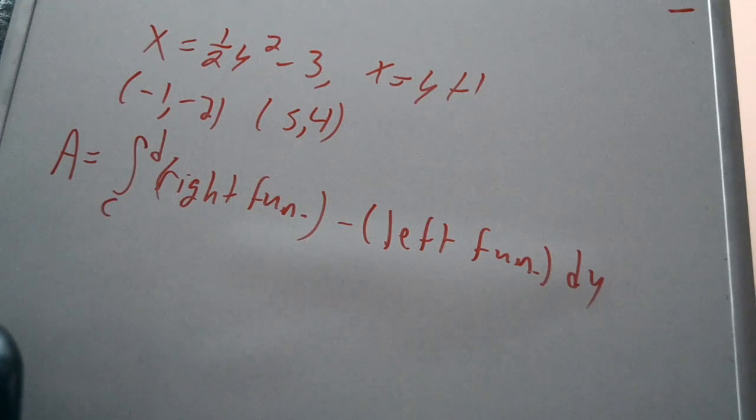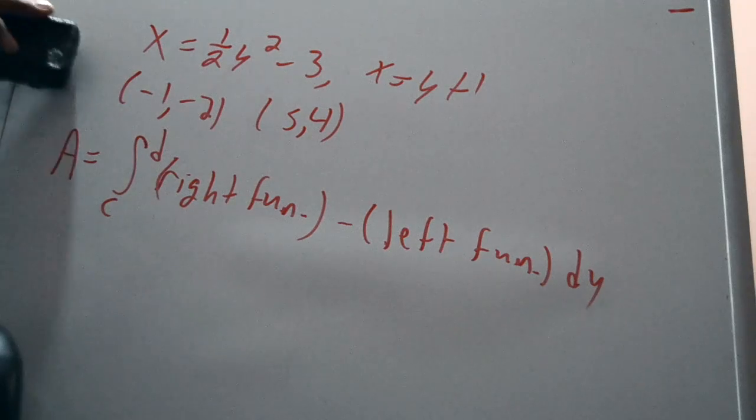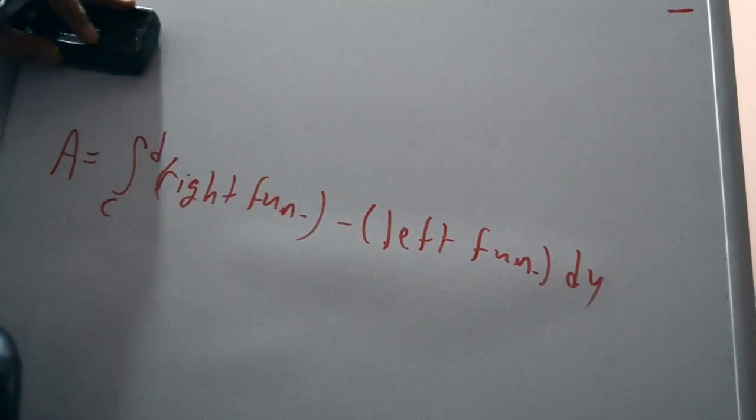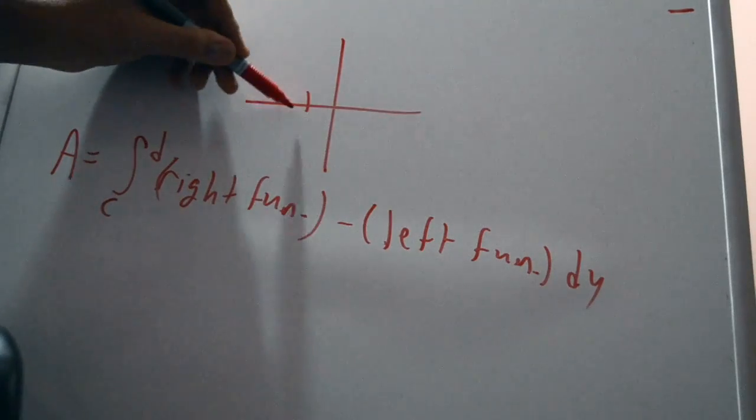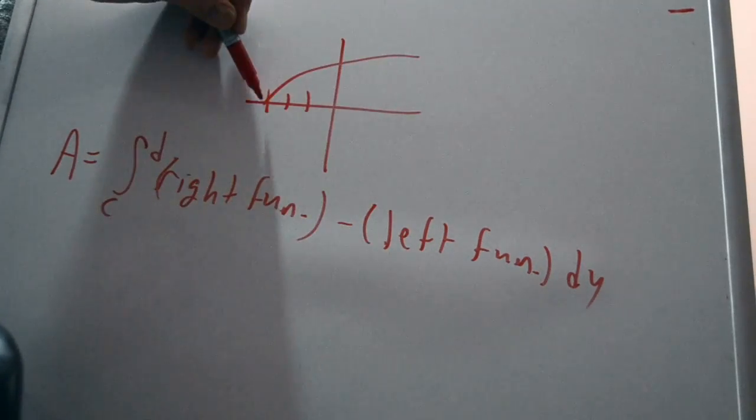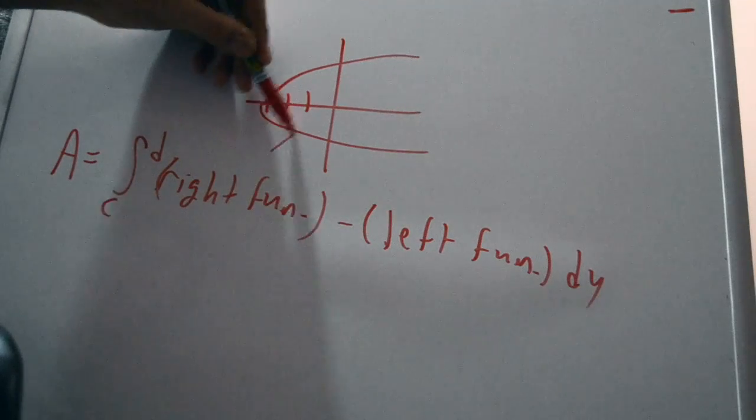So in this example, the right and left will depend on how the graph looks. So we are going to graph it out here. And what we will find out, which I just drew a second ago, is the parabola and the line.